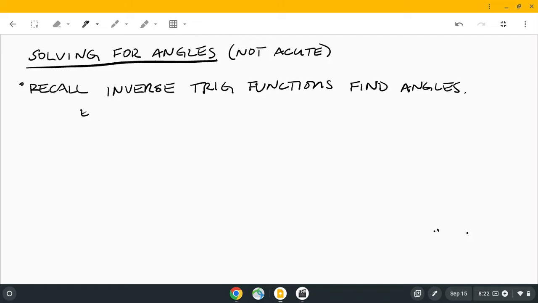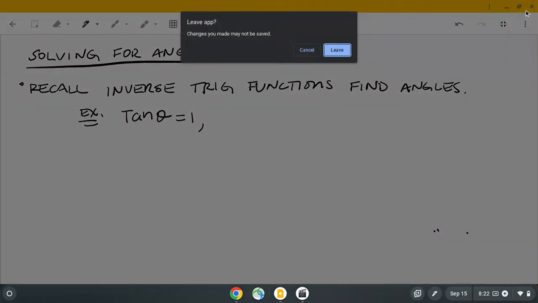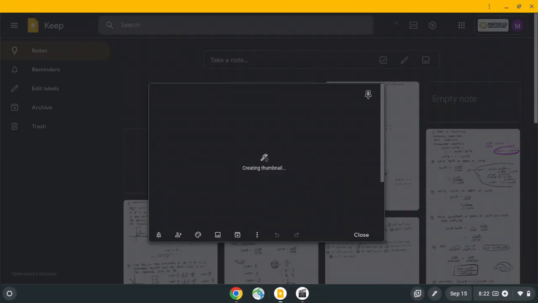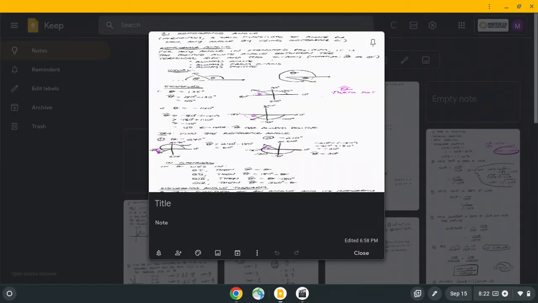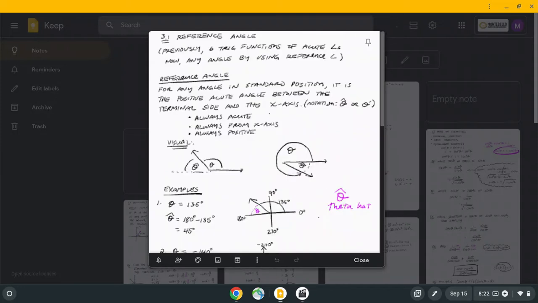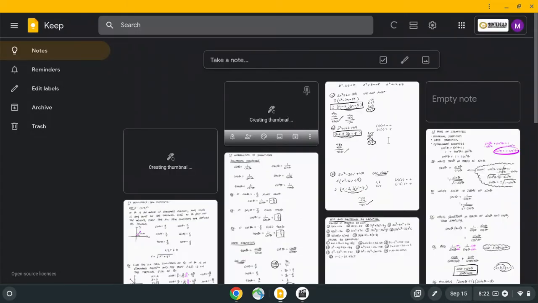For example, in previous chapters, you were given something like tangent theta equals 1, find the acute angle. Let's see what happens if I do that.